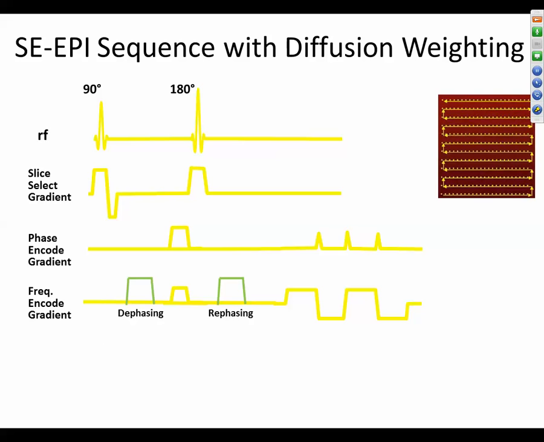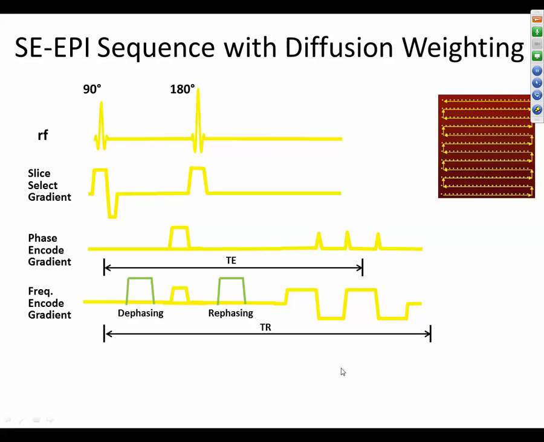Now notice that the TR is very long because there are so many points to sample. TR is very long, and also TE is very long because first we want to insert these two gradients. It takes extra time, and for the TR, you cannot start from excitation to this point. You also need to consider the effective TR.